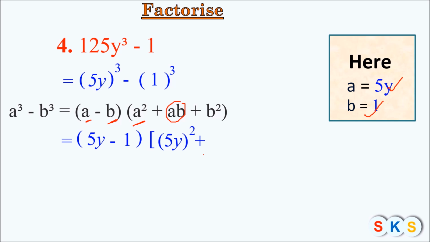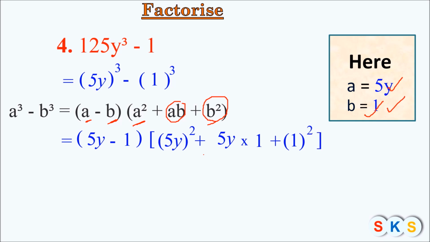And what is the value of b? It's 1. So a into b means 5y into 1. So we will write 5y into 1 plus, the last term is b square. And what is the value of b? You can see in the rectangular box it is given as 1. So we will write 1 the whole square. We will close the bracket.